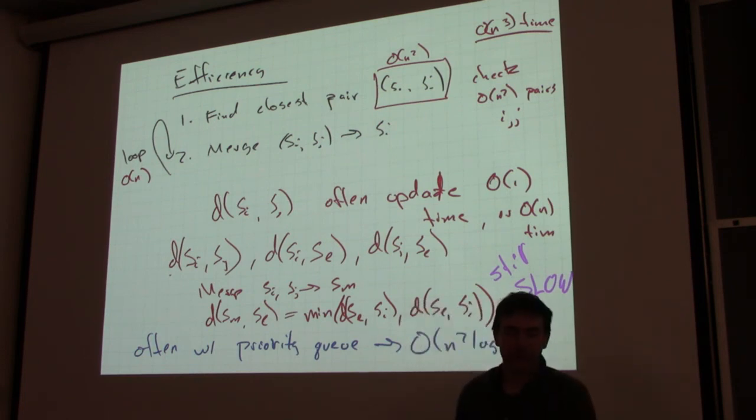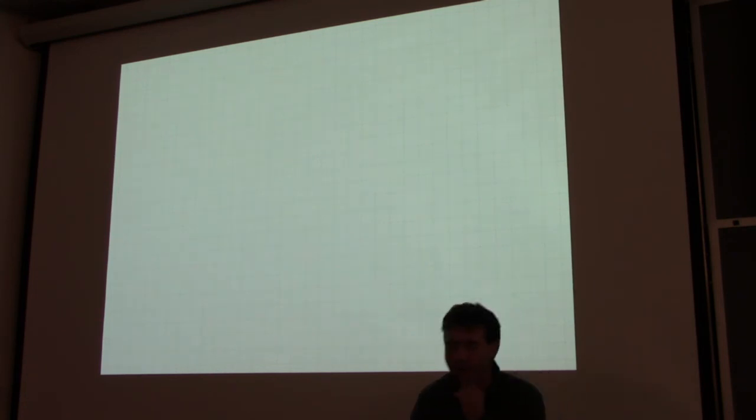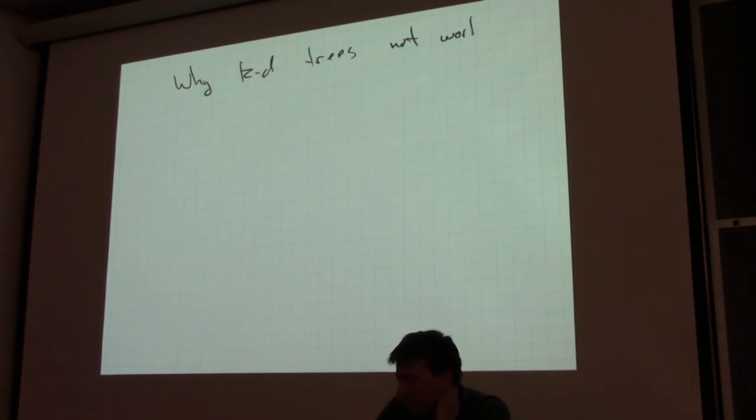Okay, so I want to tell you one more cool thing about why KD trees break down in high D. Let's just go through this for 5 minutes. Why do KD trees not work in high dimensions?